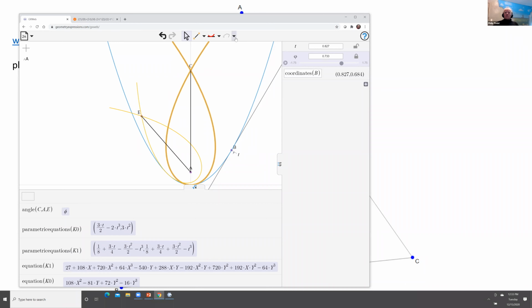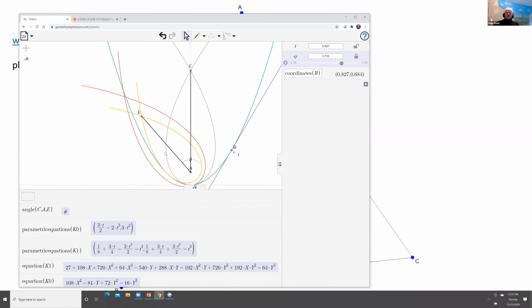Okay, so let's do that. We want to do a rotation. It's a rotation transform about point A, and the angle we're going to rotate is phi. That puts a new curve there. Hide this thing away.